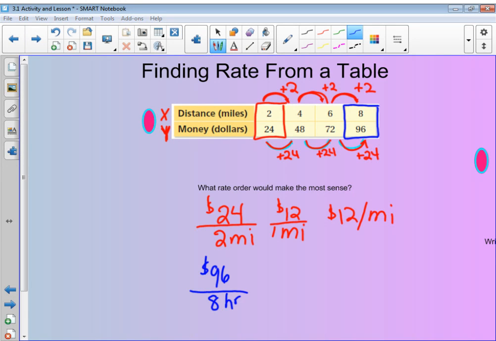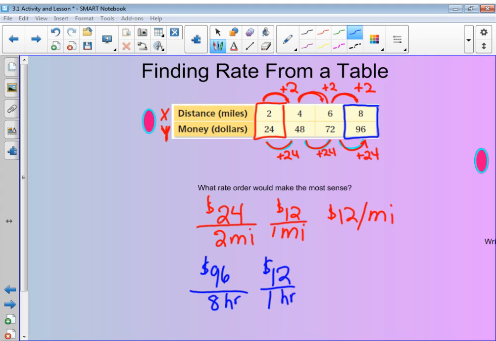So 96 divided by 8 gives me 12 once again. So I just found out that this is still $12 per 1 hour. It's an ugly dollar sign. Okay, so we get the same answer no matter what set we use.